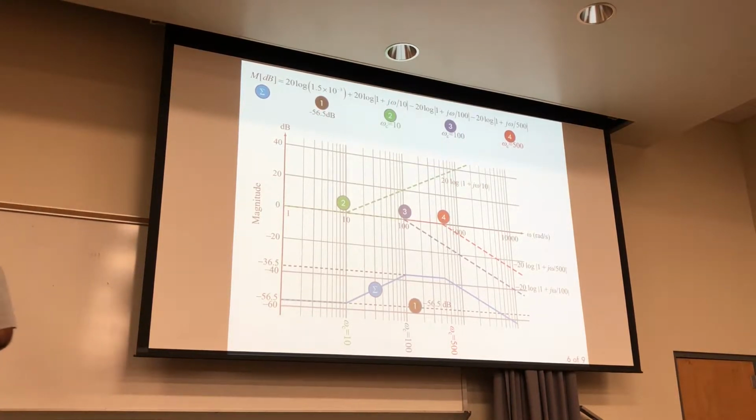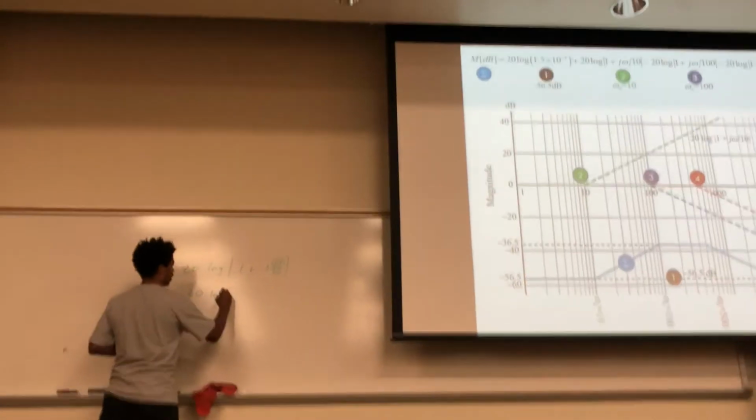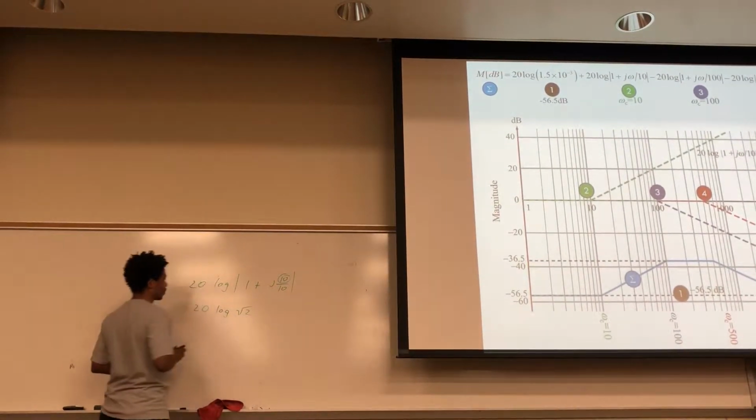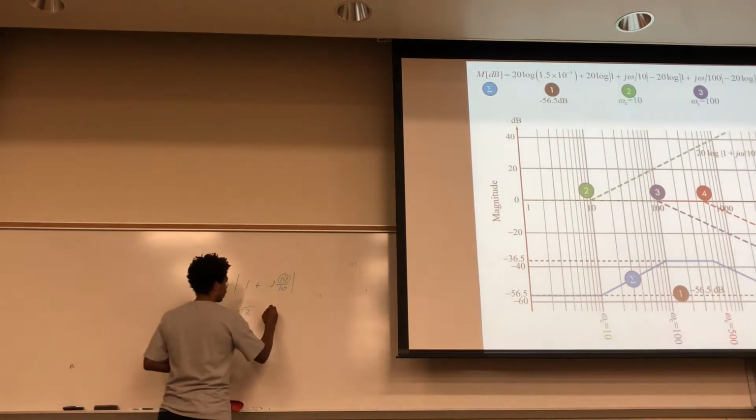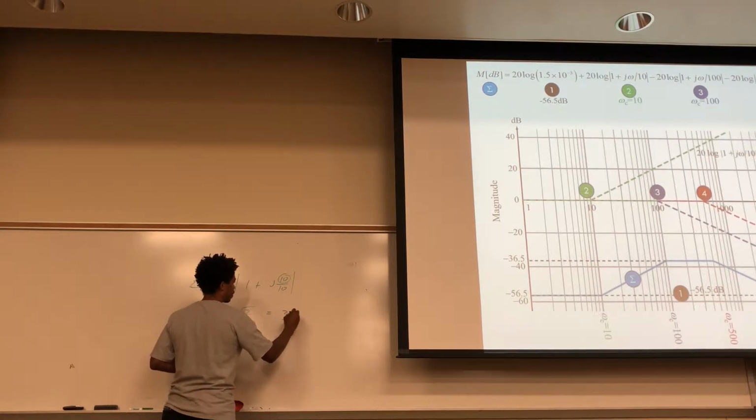Because you have 20 log of 1 plus j 10 over 10. So this is the part you're plugging in right there for the frequency. So that reduces down to just square root of 2. And this right here, if you did this in your calculator, I think it's about 3 decibels.